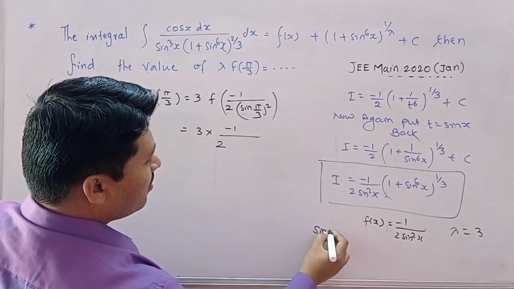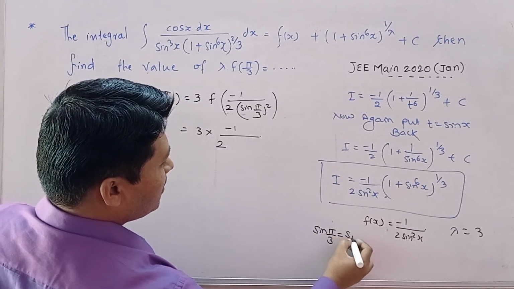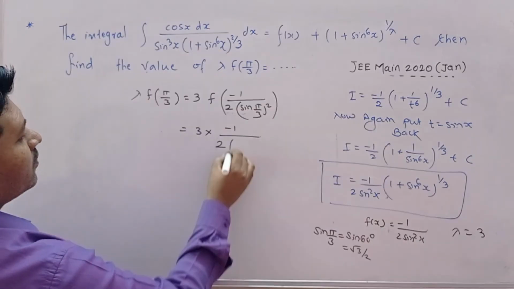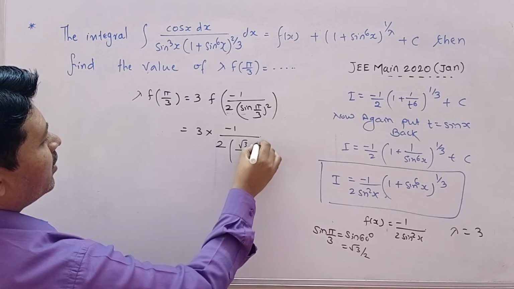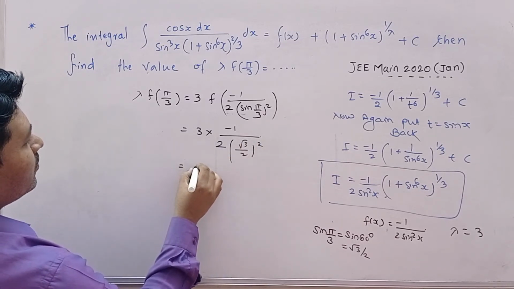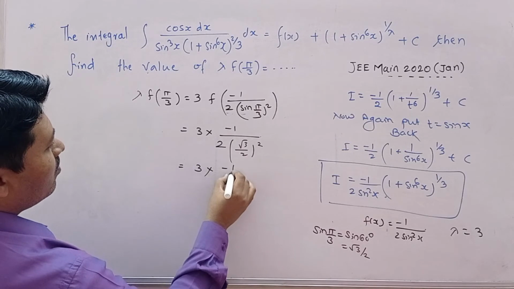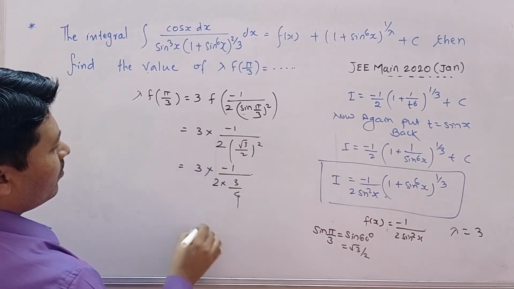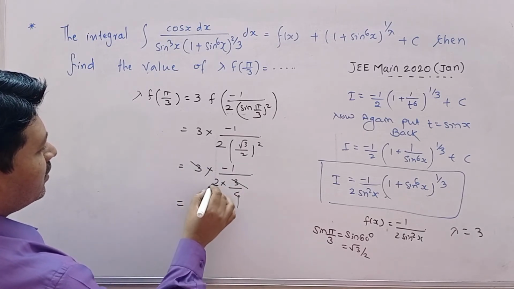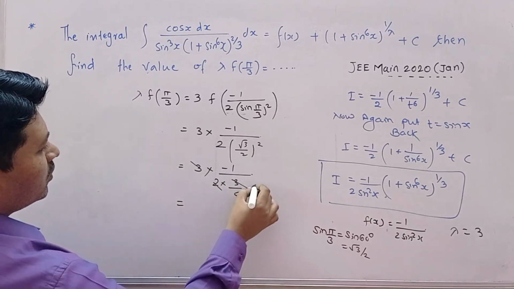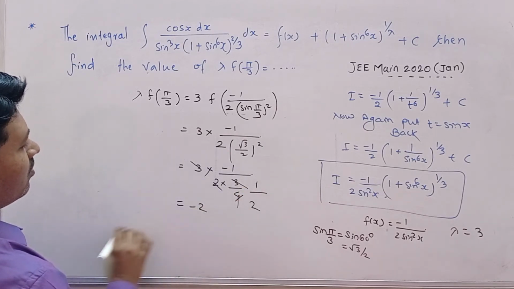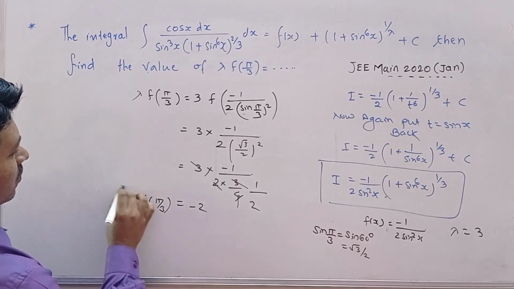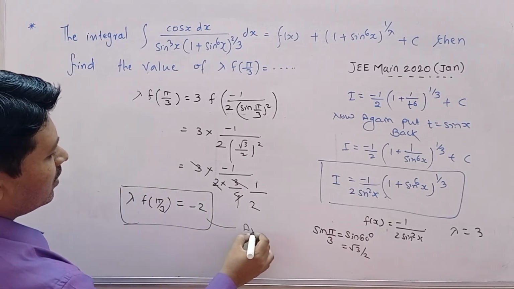We know that sin pi by 3, that means sin 60 degrees, is equal to root 3 by 2, and (root 3 by 2) squared gives 3 by 4. So we get 3 into minus 1 over 2 into 3 by 4; the 3 cancels and this becomes 1 by 2 in the denominator, that means we get minus 2. Therefore lambda f of pi by 3 is equal to minus 2, the final answer.